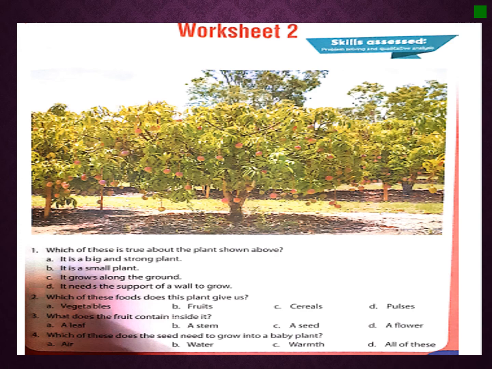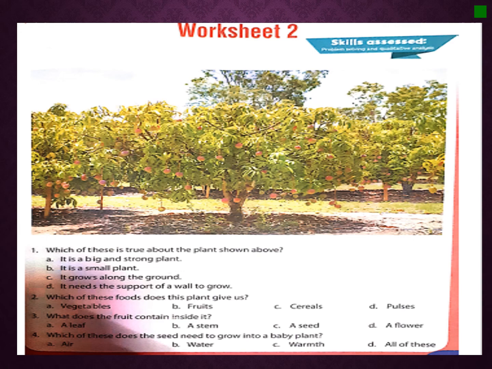Which of these foods does this plant give us? Vegetables, fruits, cereals, or pulses? Number 3. What does the fruit contain inside it? A leaf, a stem, a seed, a flower.